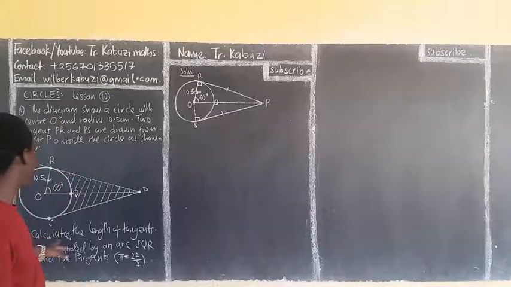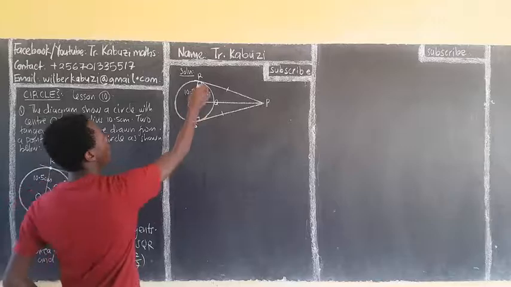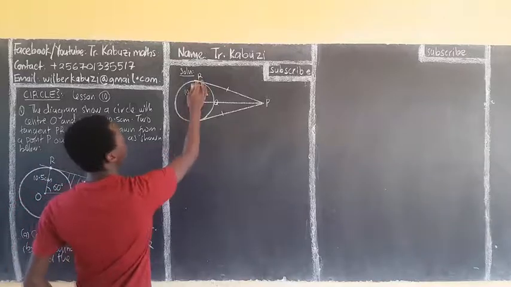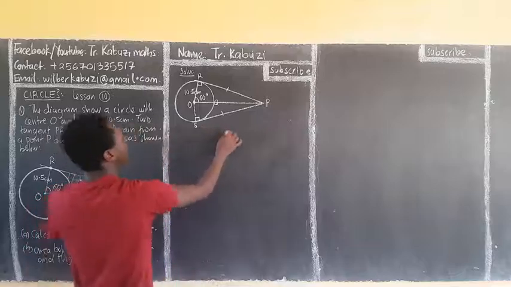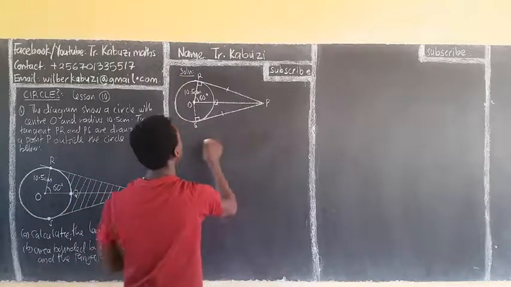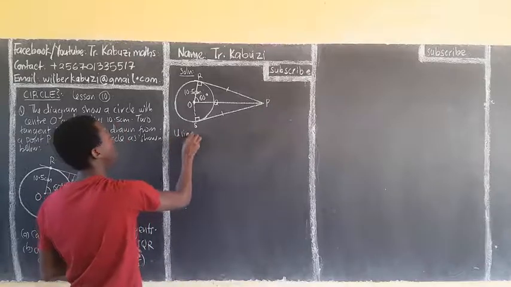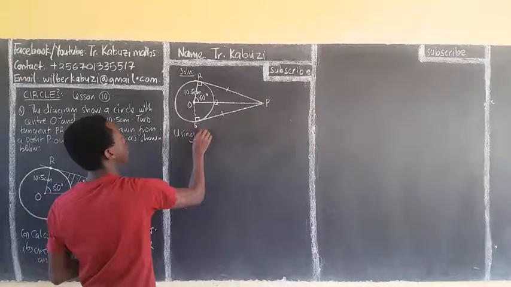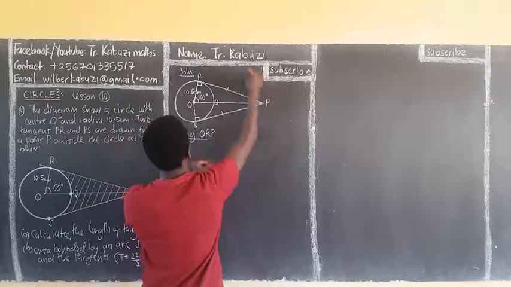Now question A wants me to calculate the length of the tangents. Now, if I use this triangle ORP, I'm going to extract out this diagram here and treat it like this.